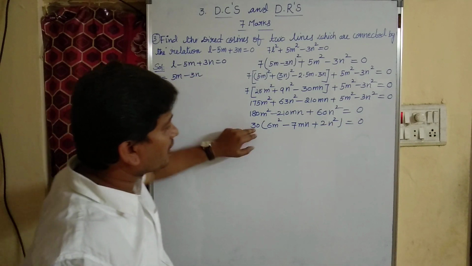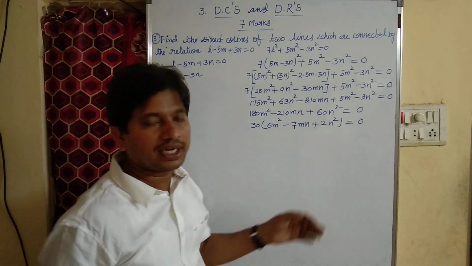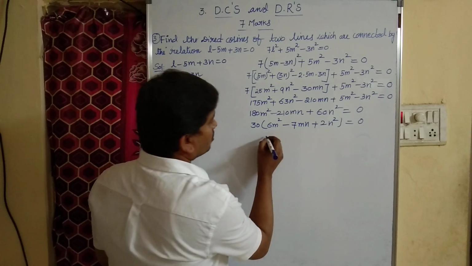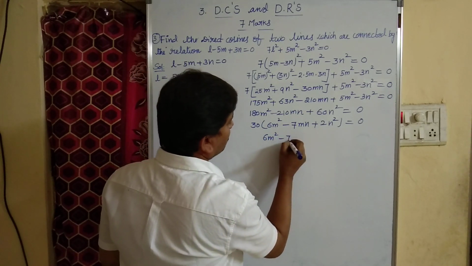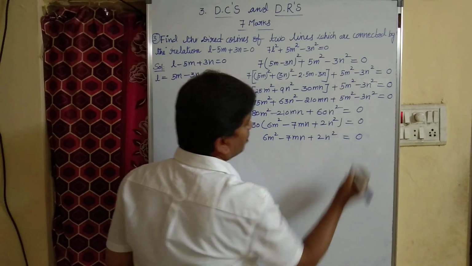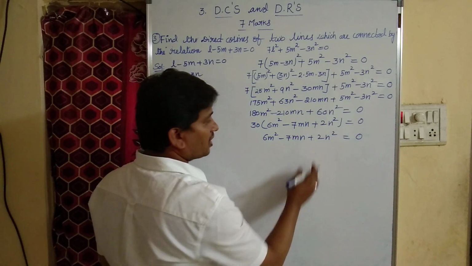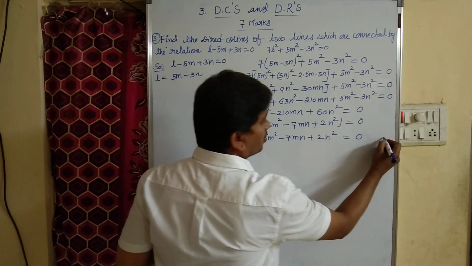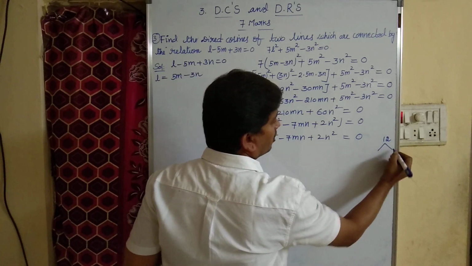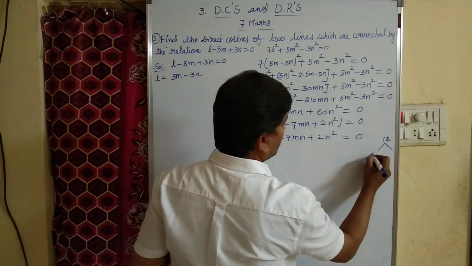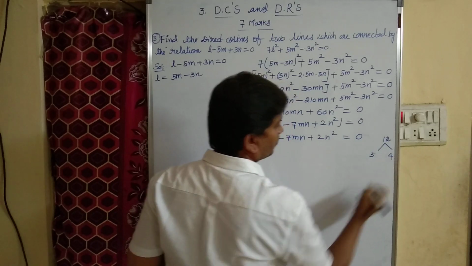As 30 is multiplying here, if you transpose towards the right hand side, it will become 0 by 30, it will become 0 only. So we have 6m square minus 7mn plus 2n square equal to 0. So let us find the factors. Now splitting the middle term, 2 into 6 is 12, so I can write it as 3 into 4.